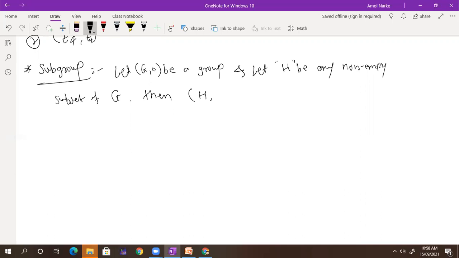So this is the binary operation on G. And let H be any non-empty subset of G. H is called a subgroup of G if H with that same binary operation is a group.